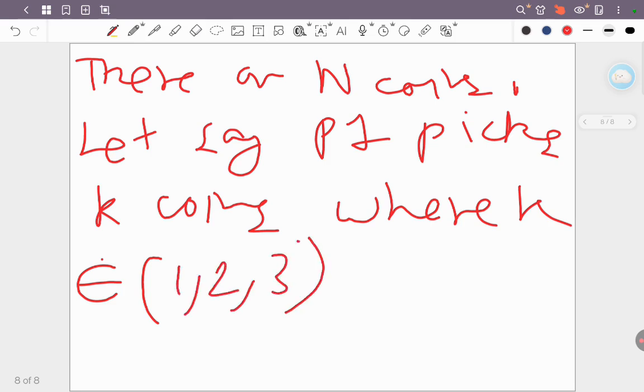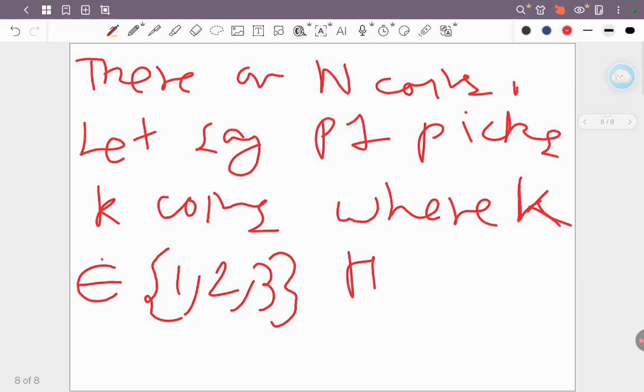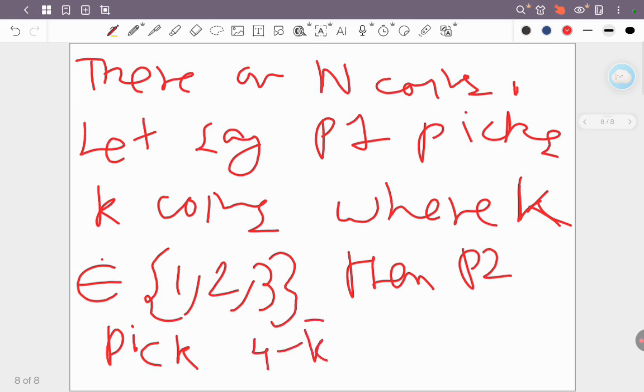Sorry, actually this is not an interval, so you write it like this: k is either 1, 2 or 3. Then player 2 picks 4 minus k coins.